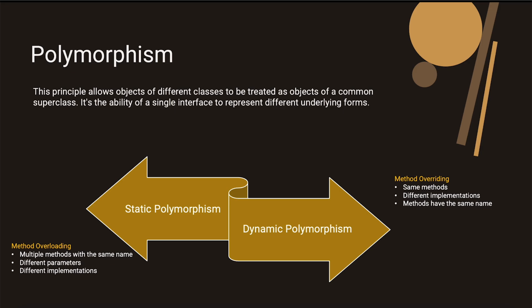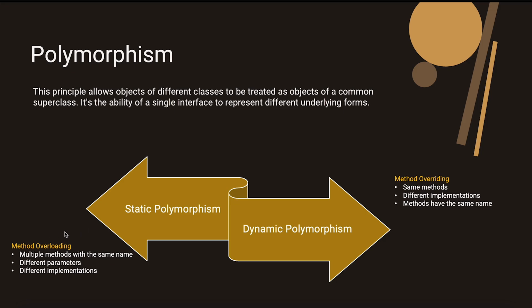And just so you know, poly means many forms. And we have 2 different types of polymorphism, that is static polymorphism and dynamic polymorphism. So static polymorphism is achieved through method overloading.